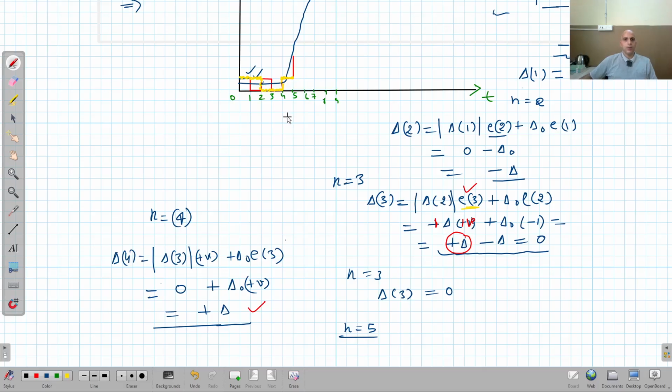Now at n is equal to 5 you can see the error signal is positive. Actually, in this graph, whatever I am drawing should be above this graph, so I can correct it.